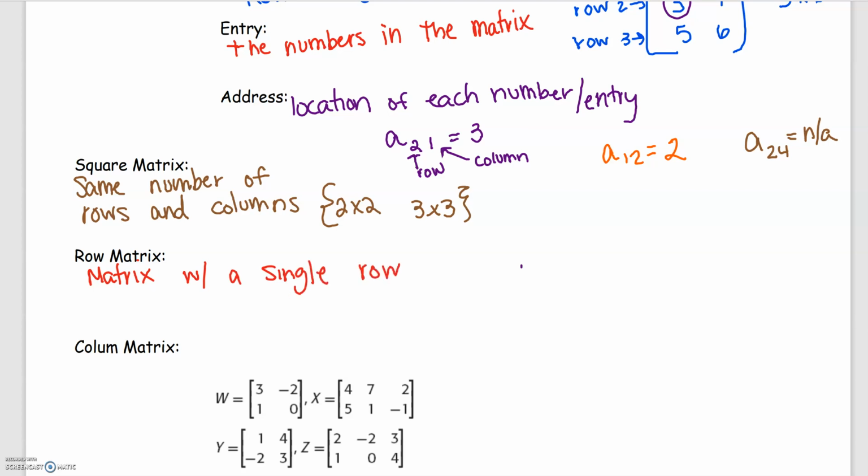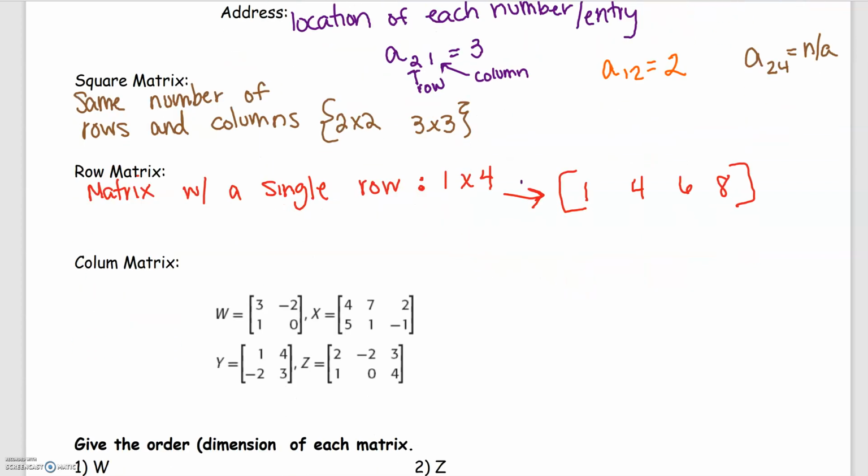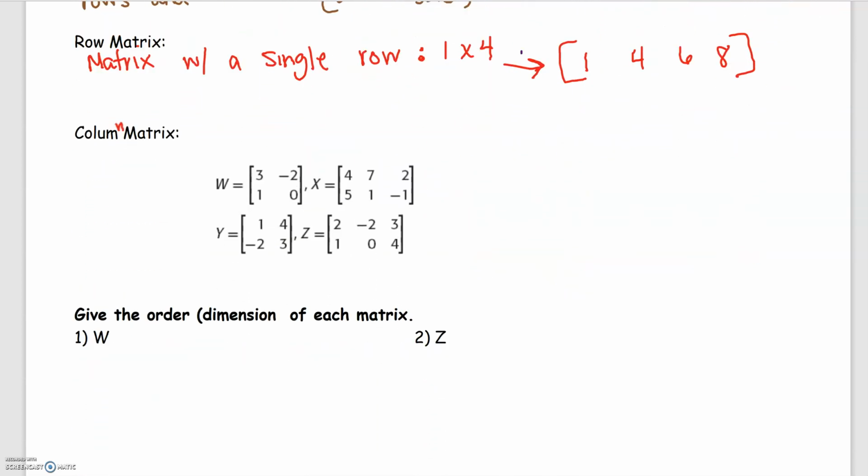So for example, a 1 by 4, something like 1, 4, 6, 8. A column matrix has a single column. So, for example, 1, 2, 3. So this would be a 3 by 1.